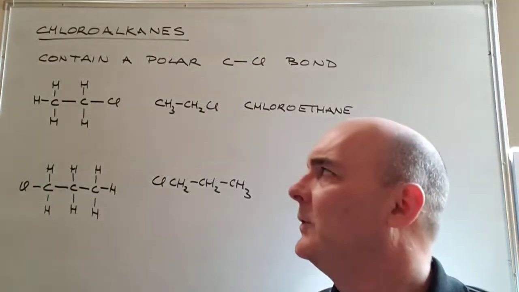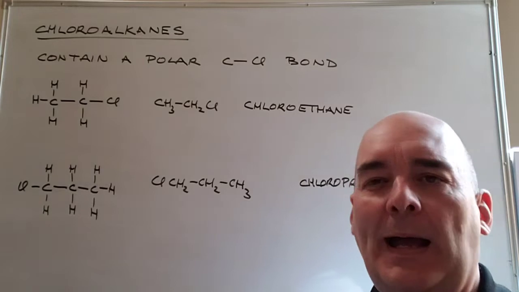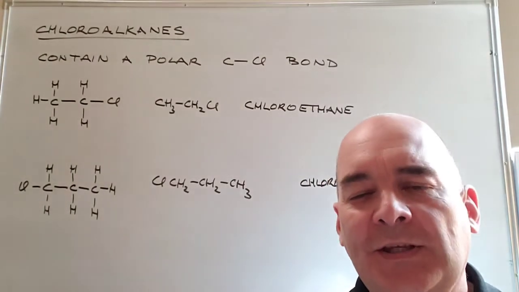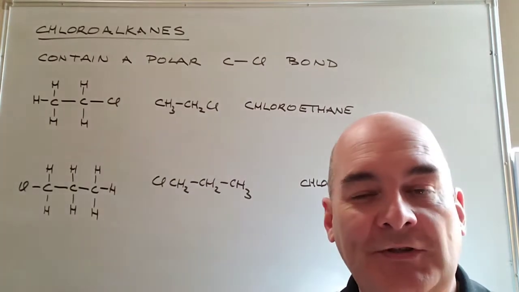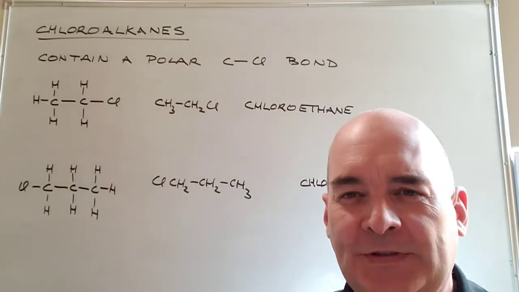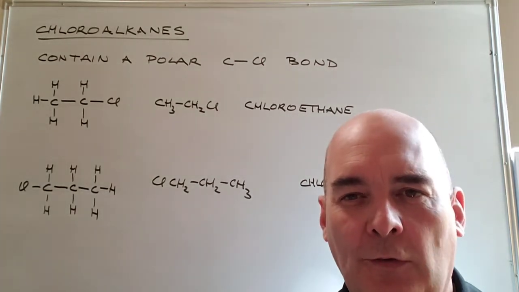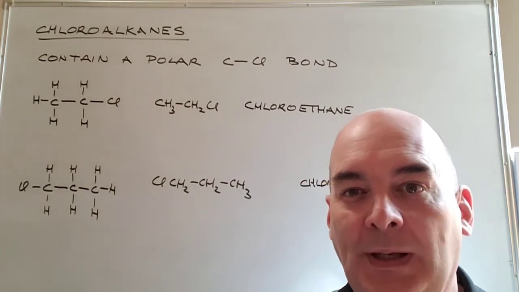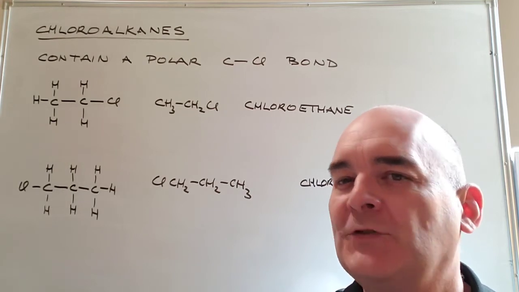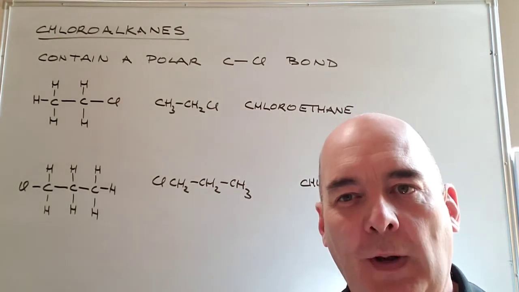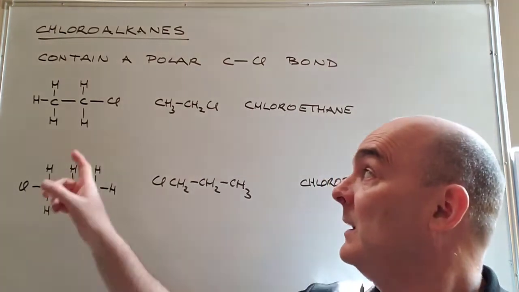Okay, let's look at chloroalkanes as our first polar molecule. I'm going to pick this first because it's probably the simplest. Chlorine, group 7, can only make 1 bond. So what we can do with the chlorine is replace a hydrogen. So wherever there was a hydrogen in any of your previous molecules, you can go in and just switch it out.